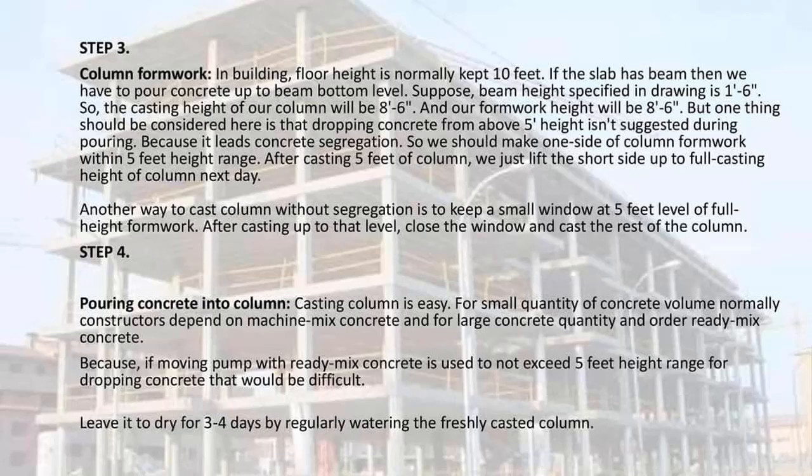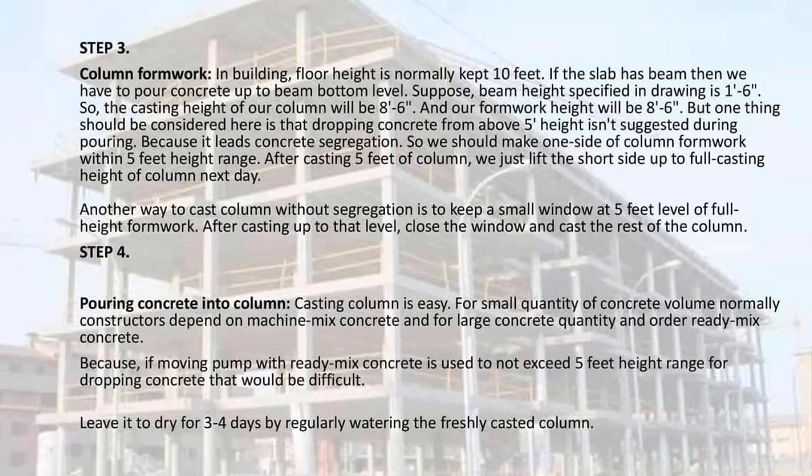After casting 5 feet of the column, we just lift the short side up to the full casting height of the column the next day. Another way to cast a column without segregation is to keep a small window at the 5 feet level of full height formwork. After casting up to that level, close the window and cast the rest of the column.